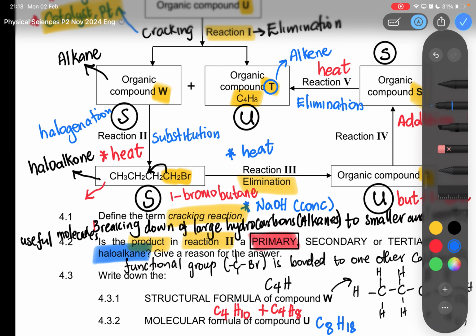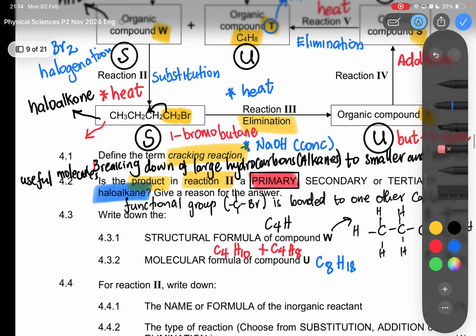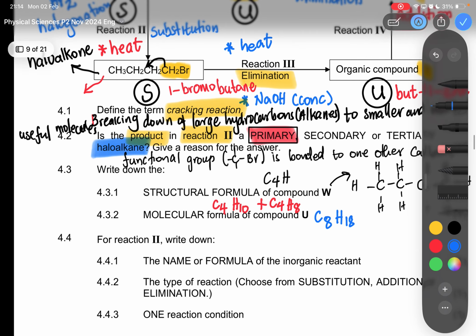Remember I mentioned that it's halogenation. So in this halogenation, we already have an alkane, so we are going to substitute. Because it's bromine there, although we are going to take one of them, the answer to this is Br2.